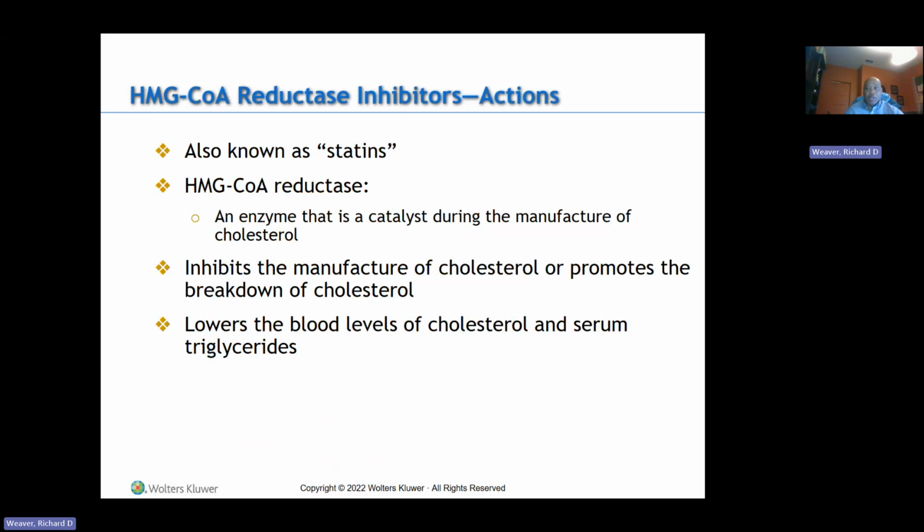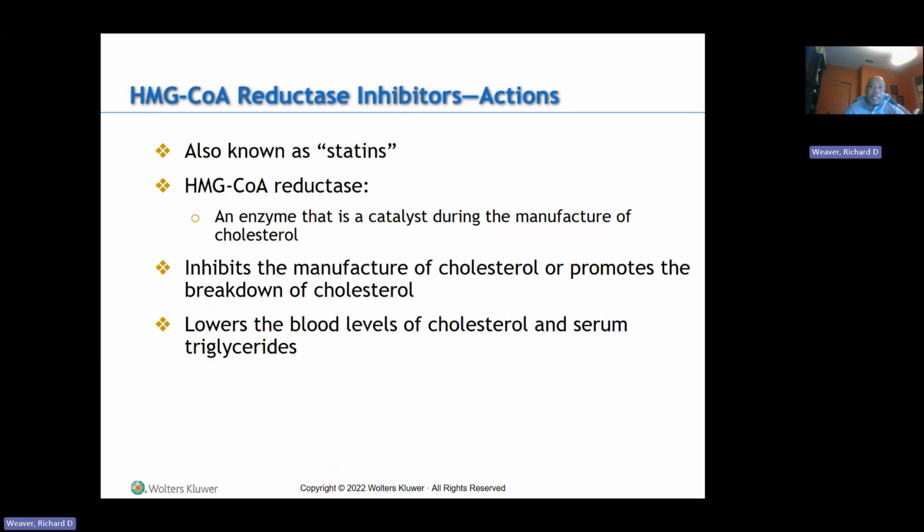So the HMG CoA reductase is an enzyme that is a catalyst. In other words, it causes something to happen in that it helps to manufacture cholesterol. All right. So the HMG CoA reductase is an enzyme that helps to manufacture cholesterol.